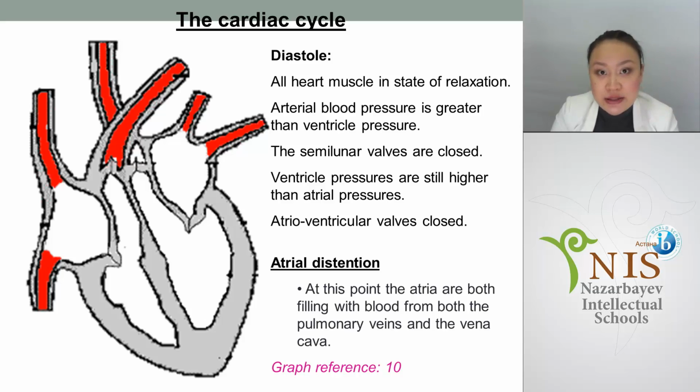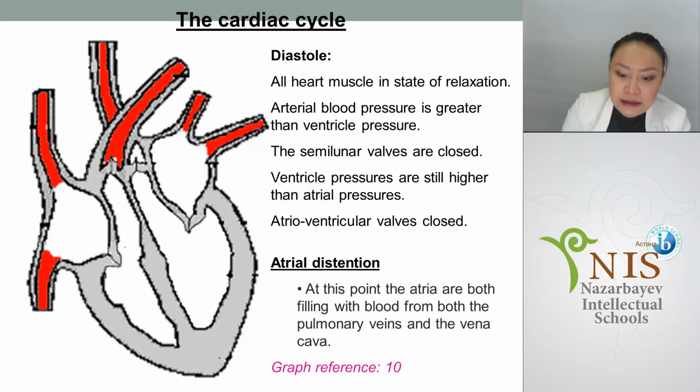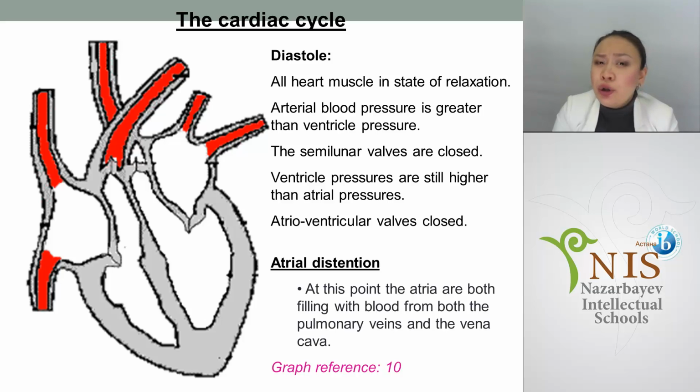The semilunar valves are closed. Ventricle pressure is still higher than arterial pressure. Atrioventricular valves closed. What does diastole mean? Diastole means relaxation. In this stage, the heart will not contract. The heart in this stage is relaxing.